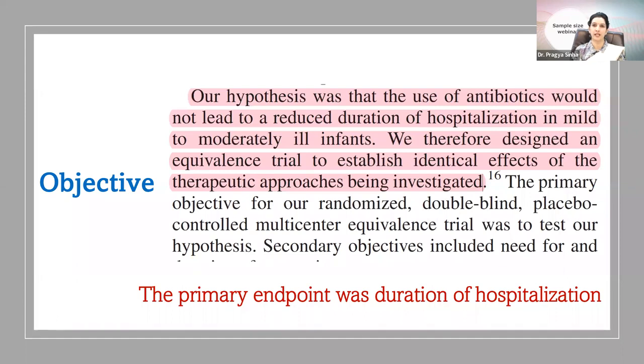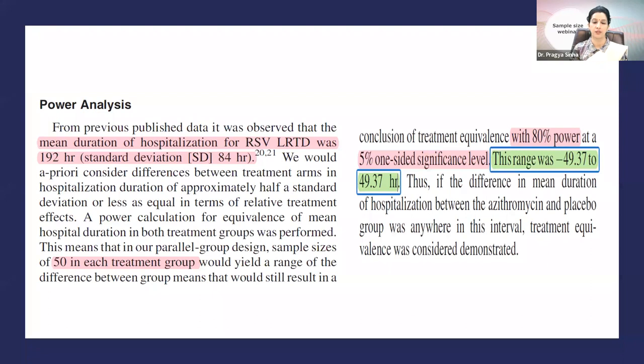So they said that giving the antibiotic is not going to reduce the duration of hospital stay in a mild to moderate, not in the severe case. So the primary endpoint was the duration of hospitalization. So for this sample size calculation, what formula and what input have they used? They have taken the mean duration of hospitalization as 192 hours with a standard deviation of 84 hours.